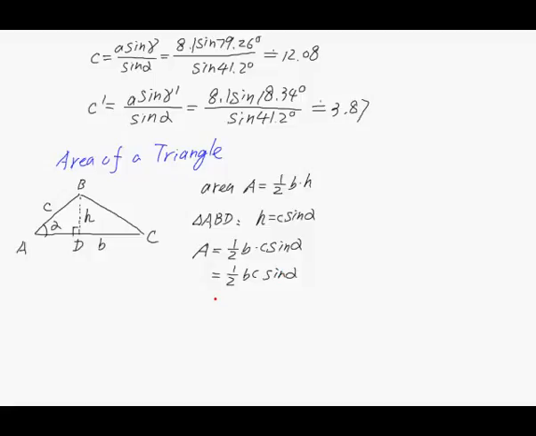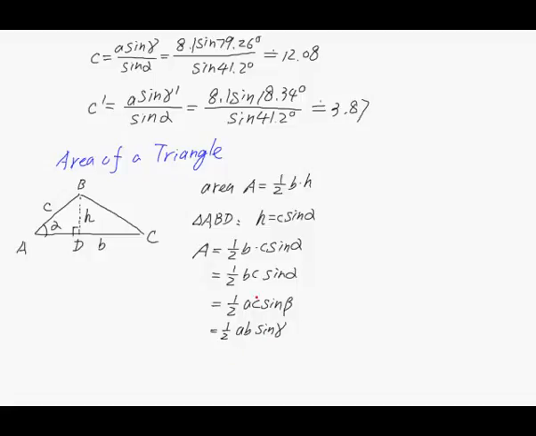And similarly, you can find the other forms for this area formula. If you know the angle beta and AC, or if you know the angle gamma and AB, then you have 1/2 AC times sine beta, or 1/2 AB times sine gamma.